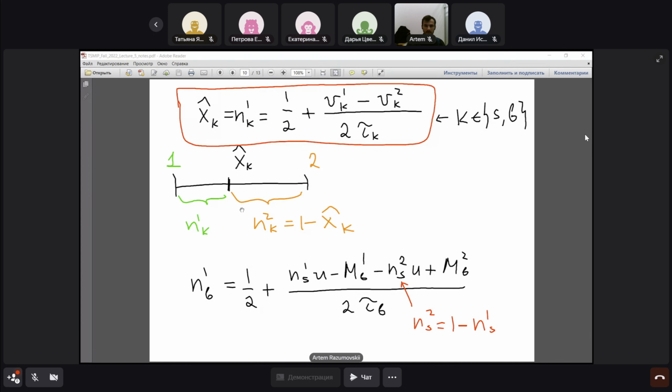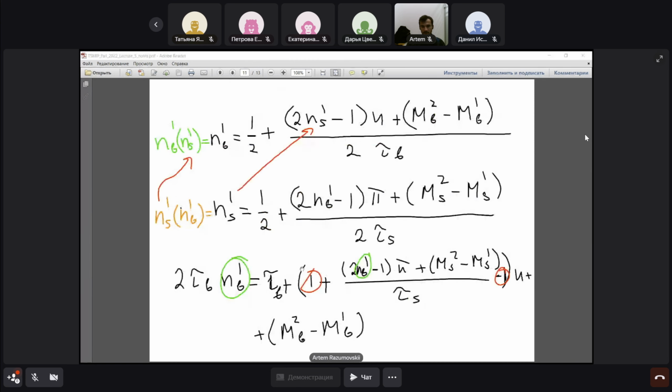So we have the indifferent agent, with a function of values and transaction costs. On the interval from 0 to 1 there is an indifferent agent who is indifferent between the first and the second platform; those from 0 to this agent go to the first one, and the rest go to the second. They calculate this agent for buyers and sellers and for both platforms.